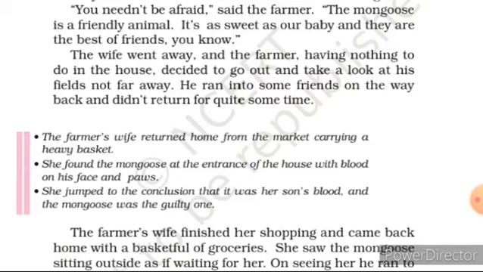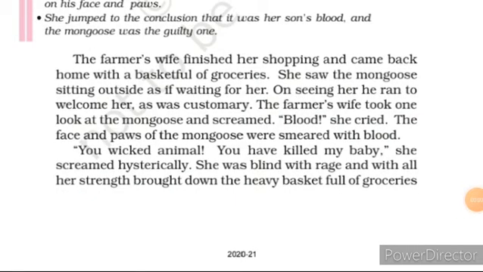She jumped to the conclusion that it was her son's blood and the mongoose was the guilty one, guilty one. She jumped to the conclusion that it was her son's blood and the mongoose was the guilty one. Look at the next paragraph, children.